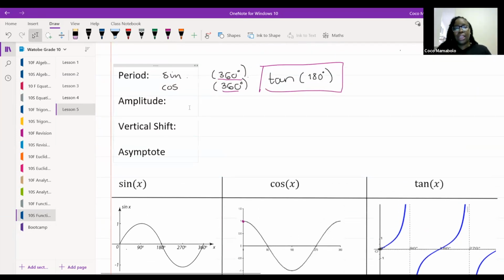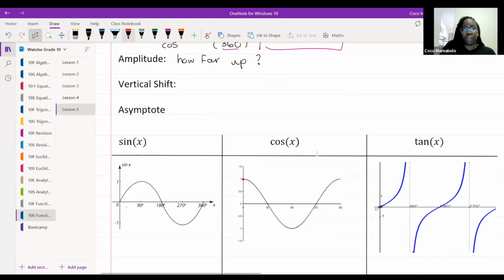All right. Now, the amplitude is how far up my graph goes. If we look from 0 to there, that's exactly 1 unit. And if we look from 0 to down here, that's exactly 1 unit.